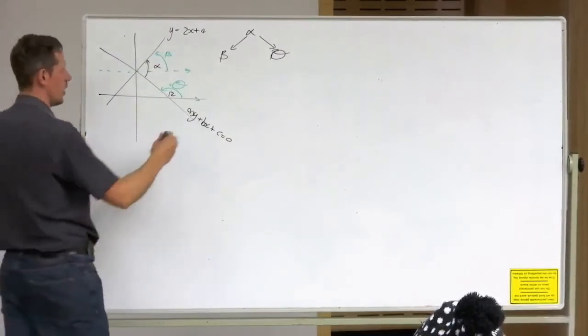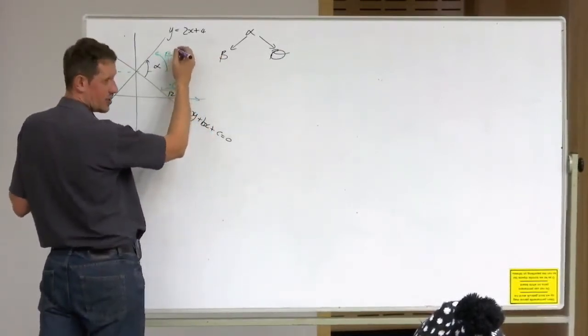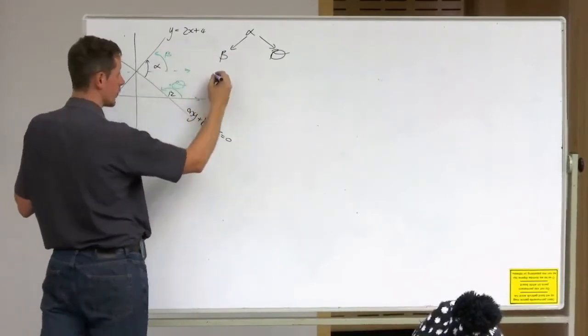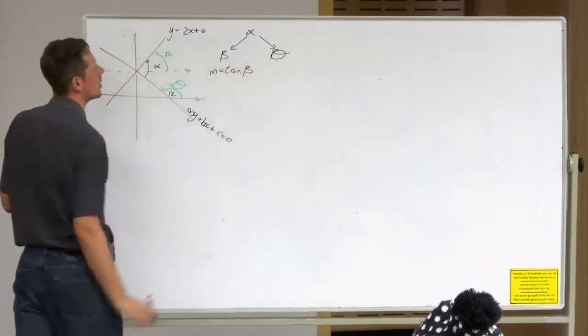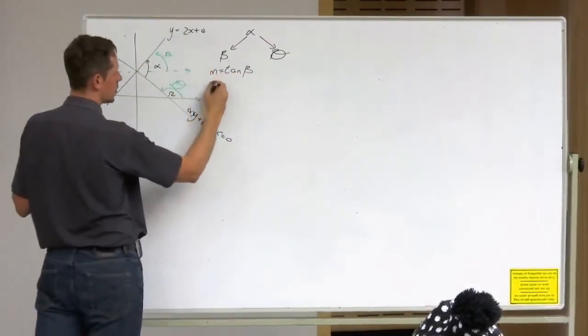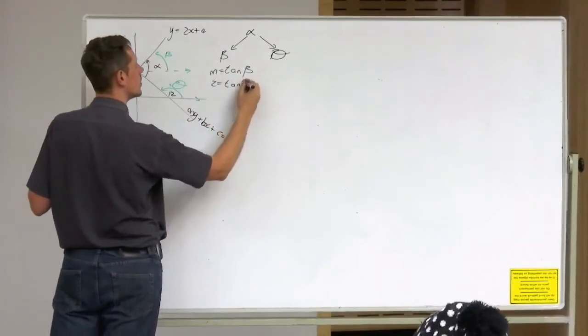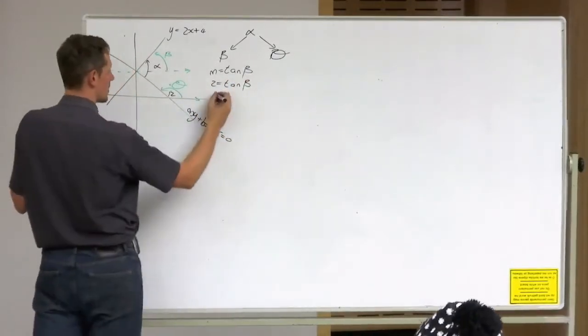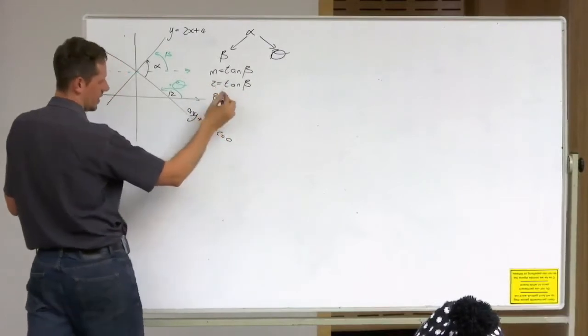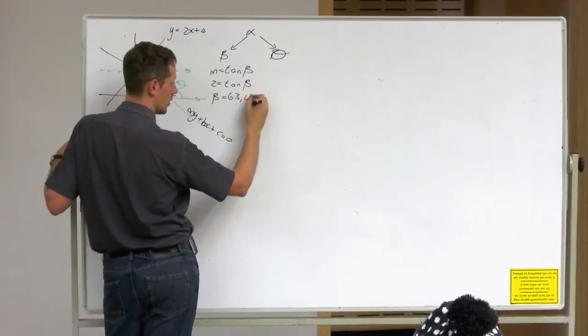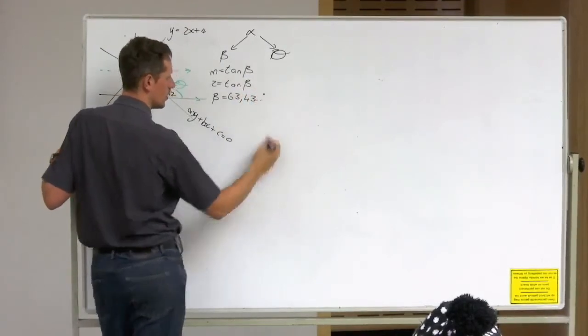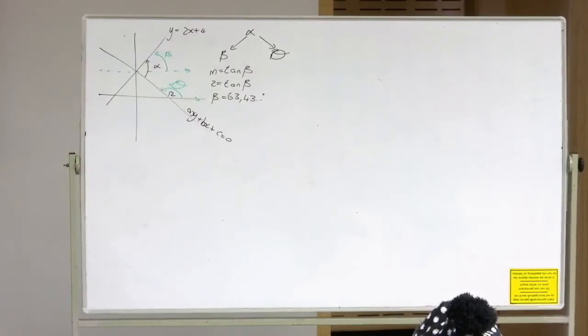So now I've got to go, okay, to get beta is easy. Most of you would have gotten it. m is equal to tan of beta, because the gradient is 2. So therefore beta is arctan of this, 63, please do not round off until you have your final answer.